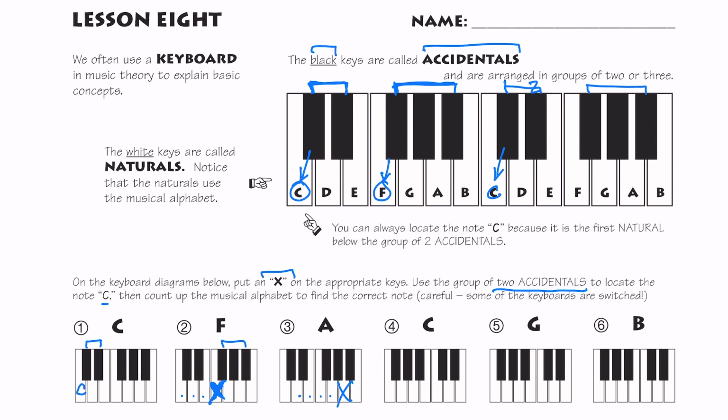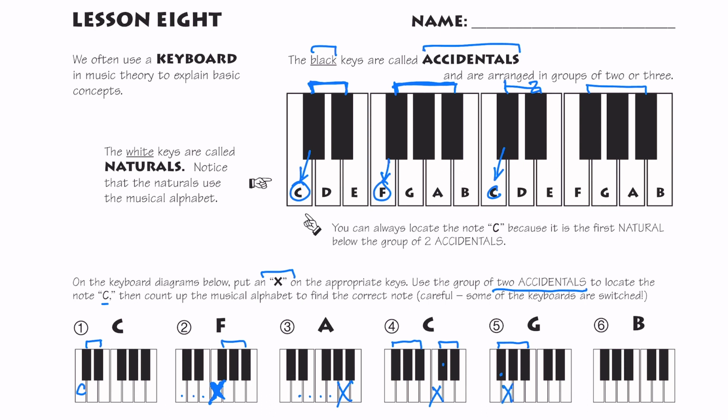C, D, E, F, G, A is right there. C again. Oh, but look, I'm a tricky guy. I changed these around. So now 2 is up here, so my C is going to be there. Always got to check where your accidentals are. G. So remember, my home key below 3 accidentals is F, so G is easy to find.